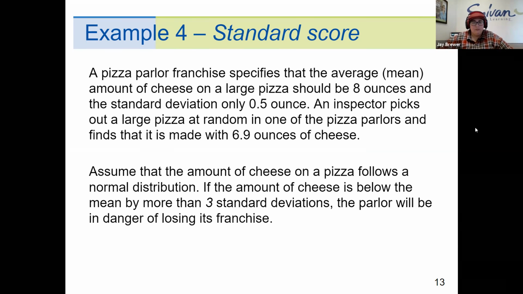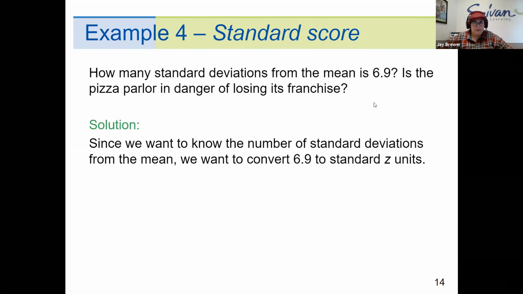Assume that the amount of cheese on the pizza follows a normal distribution. If the amount of cheese is below the mean by more than 3 standard deviations, the parlor will be in danger of losing its franchise. Dun, dun, dun. How many standard deviations from the mean is 6.9? Is the pizza parlor in danger of losing its franchise?